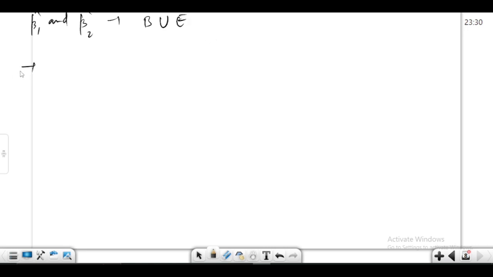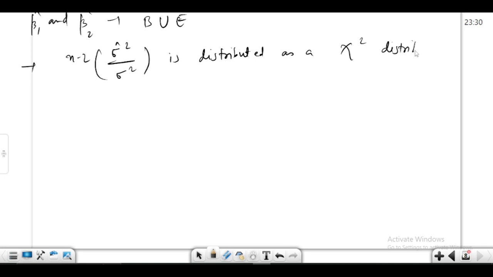You can also call beta 1 hat and beta 2 hat best unbiased estimators. It also allows us to use the chi-square distribution. So n minus 2 times sigma hat square upon sigma square is distributed as a chi-square distribution with n minus 2 degrees of freedom. This knowledge allows us to draw inferences about the true sigma square from the estimated sigma square.